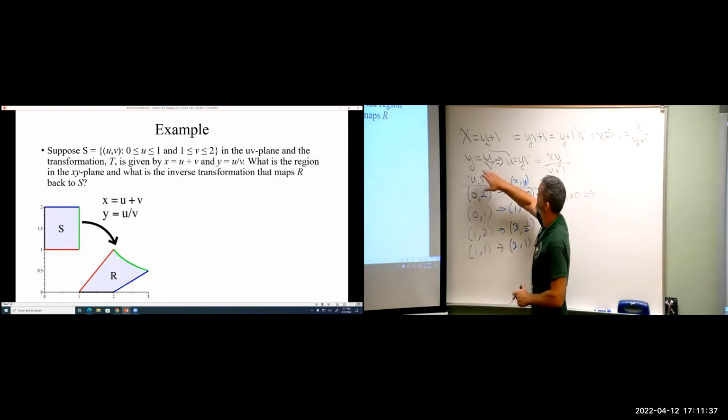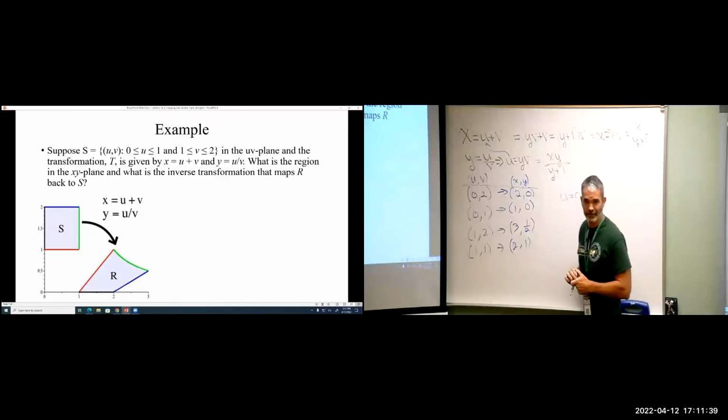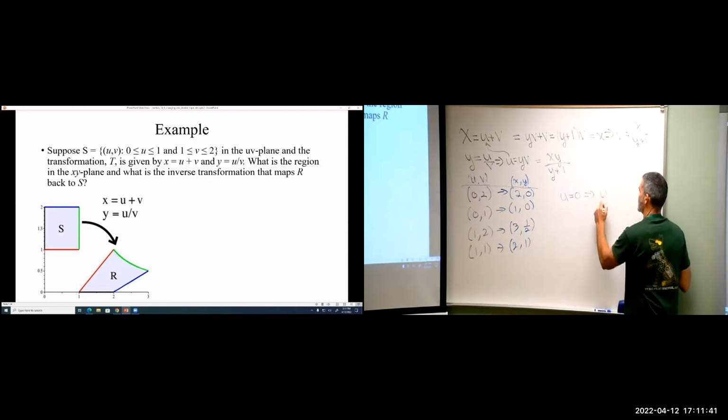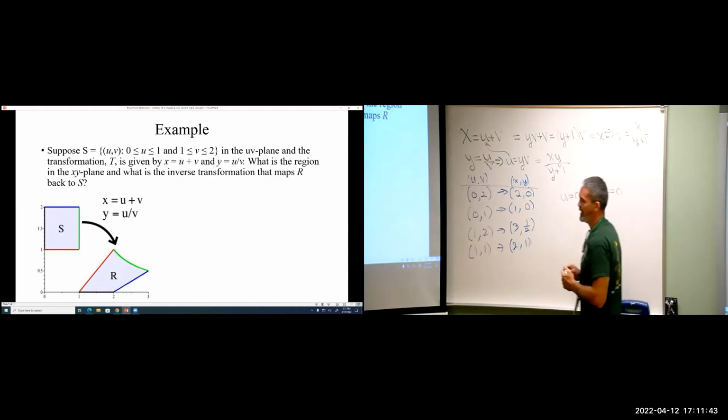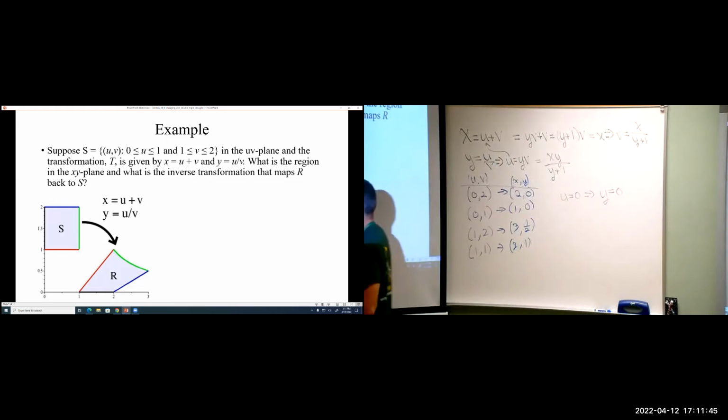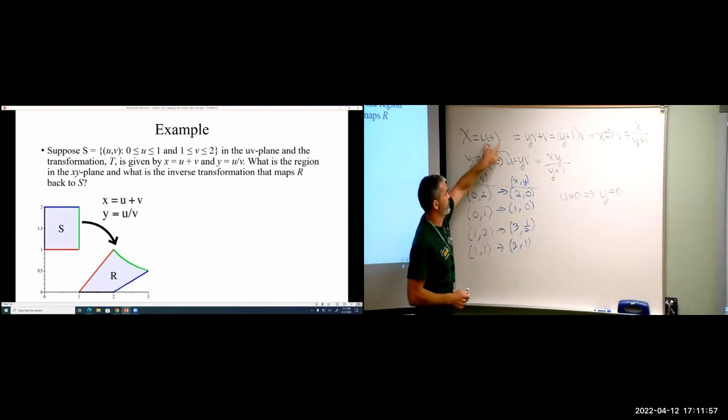Well, y is going to be equal to 0, which is a horizontal line at 0, and v goes from 1 to 2. In this case v is equal to x, so x goes from 1 to 2. Because if u is 0, x is v.